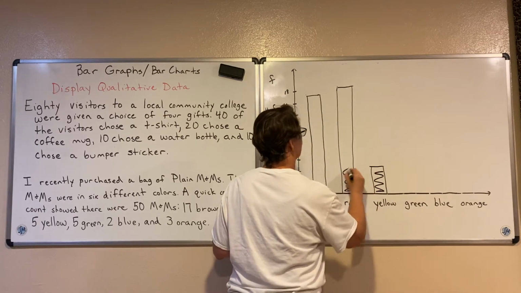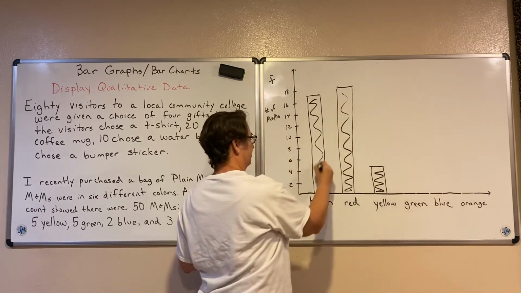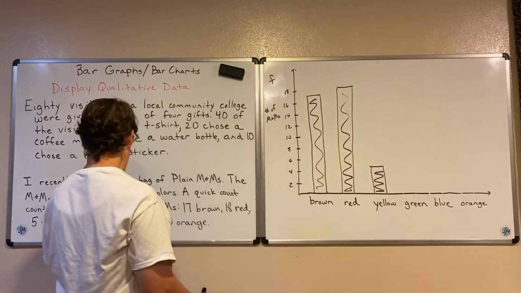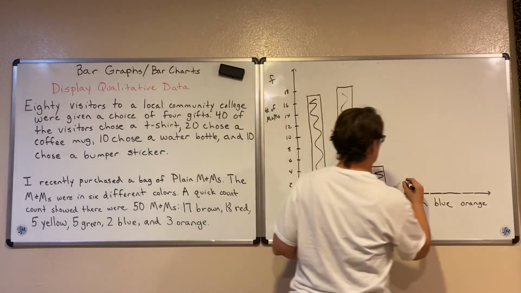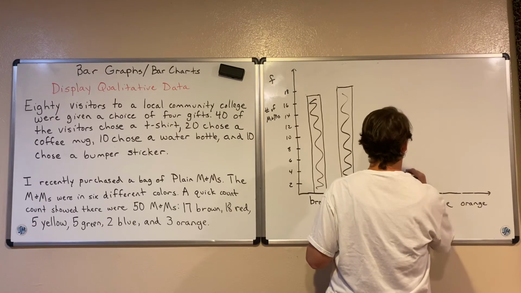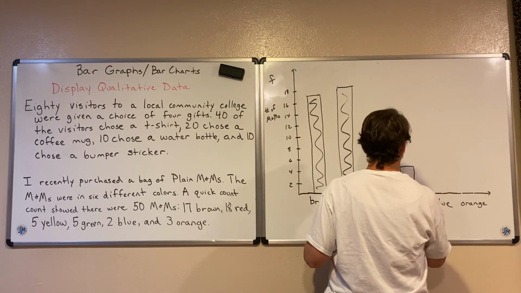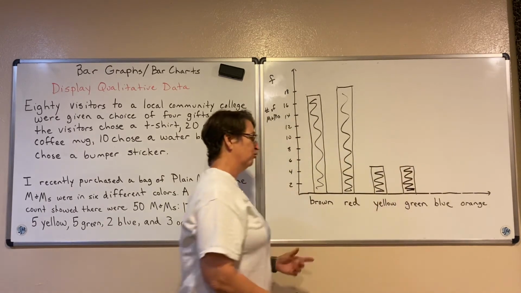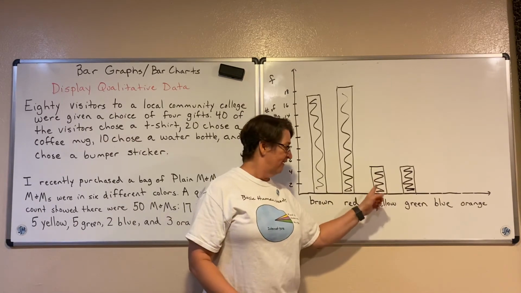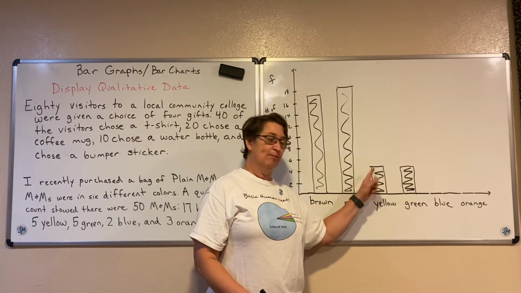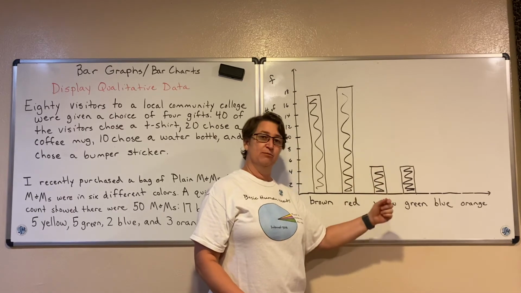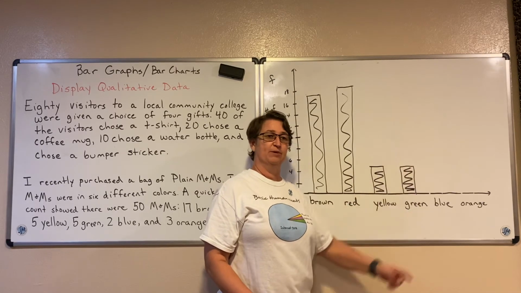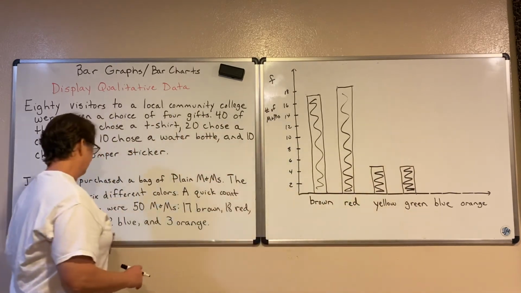Color these in just to make them a little bit different from the white around it. The green is also 5. So these two should be exactly the same height and width since they represent the same amount. This bar just represents 5 yellow M&Ms. Picture 5 yellow M&Ms there. Picture 5 green M&Ms. That's what each of those bars represents.